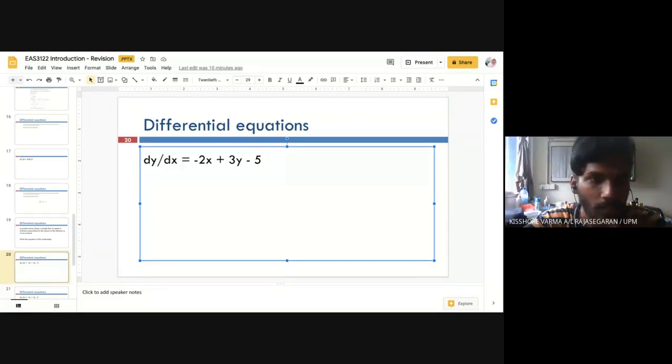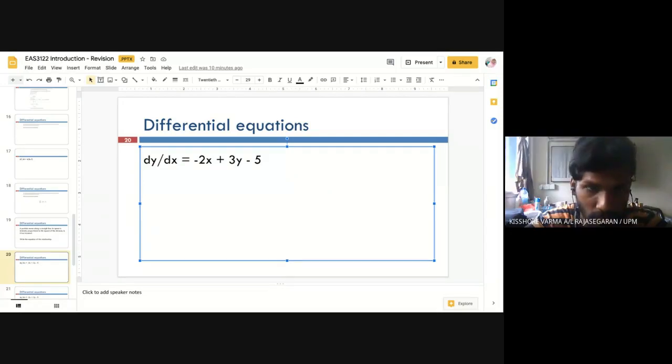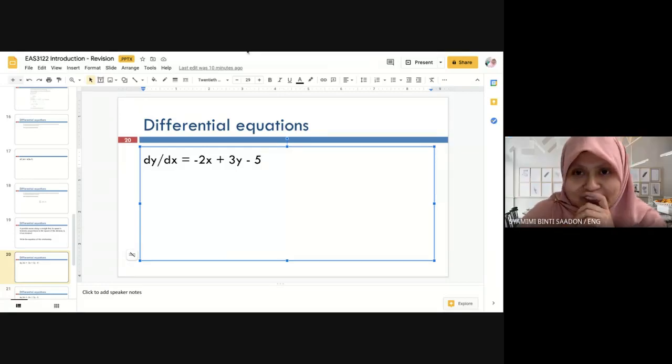I move the dx to the right, and you move the 3y to the left. So then after that you integrate. Okay, like integrate both sides. And then you get the answer as what?